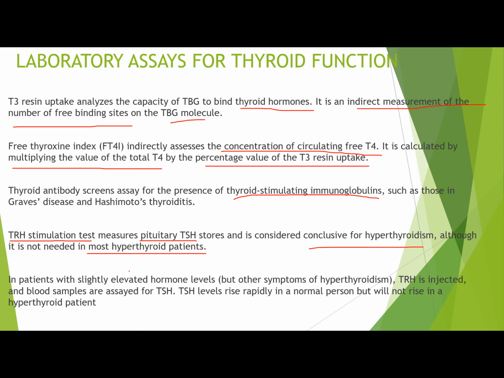In patients with slightly elevated hormone levels, TRH is injected and blood samples are assayed for TSH. TSH levels rise rapidly in a normal person but will not rise in a hyperthyroid patient.